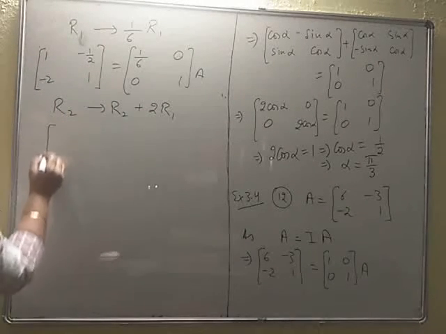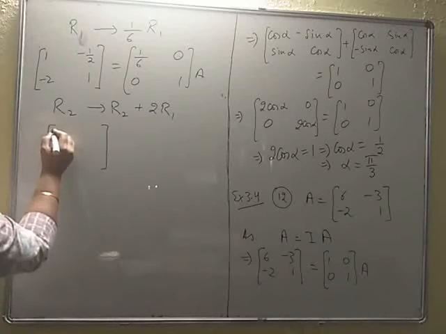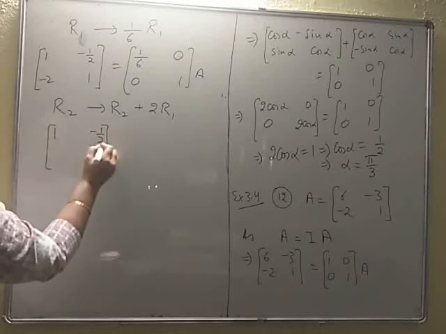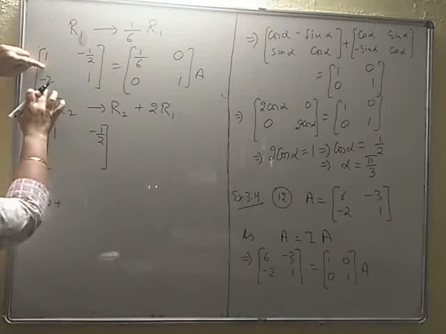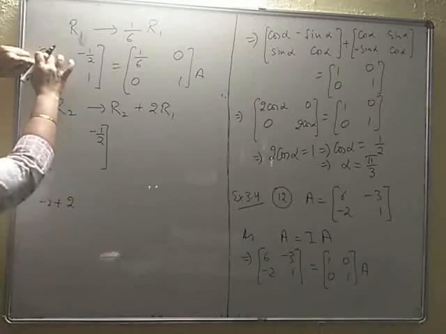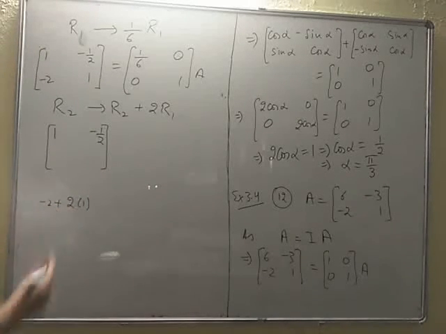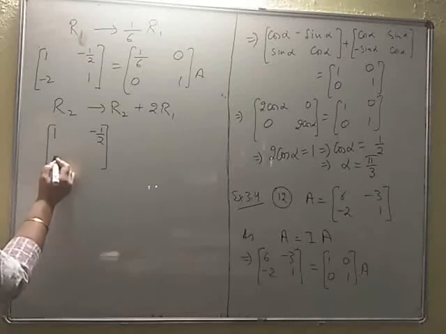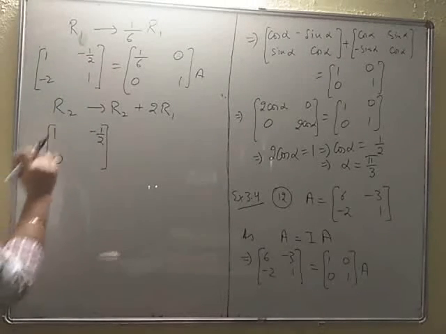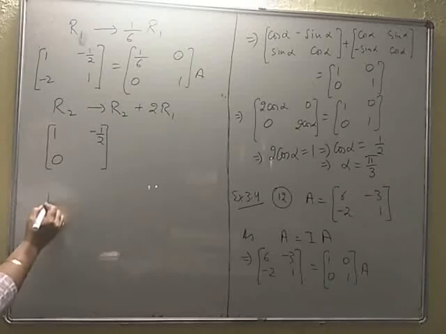So this time we are using the operation on second row. So first row I will write as it is. So R2 is minus 2 for the first element plus 2 times 1 we are going to do. So you can see it is minus 2 plus 2, so it will become 0. Now moving on to the second element of the row. The element is 1.